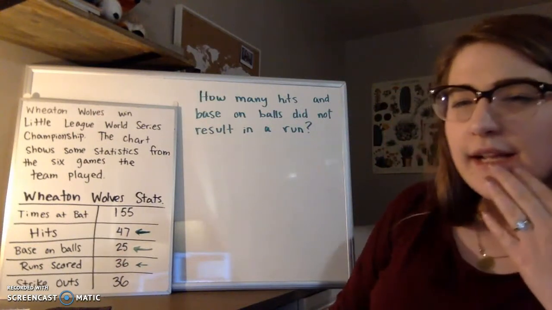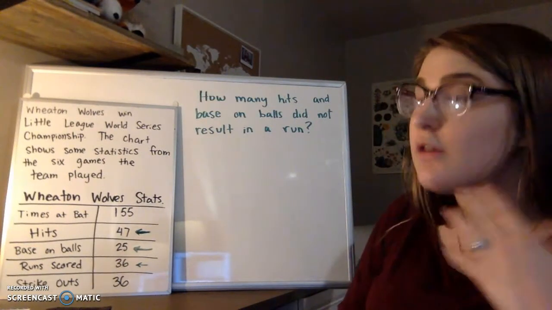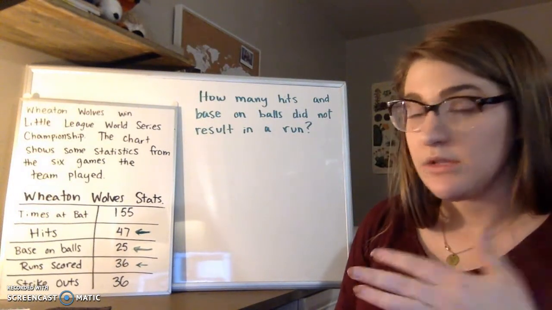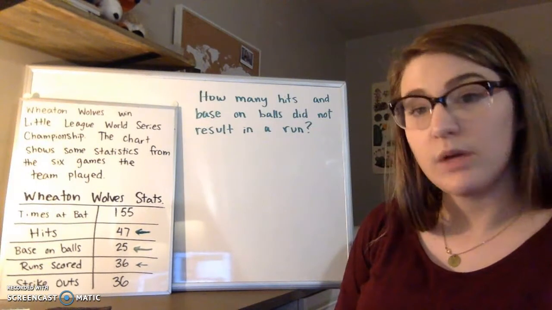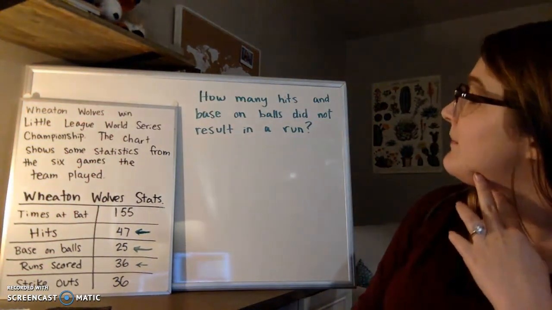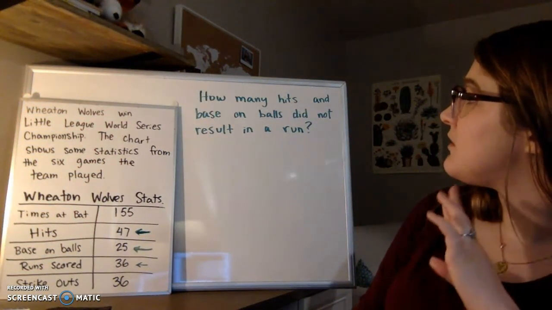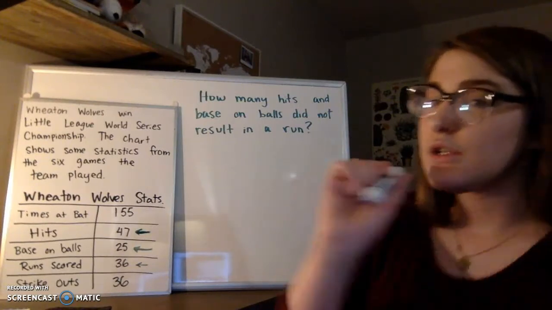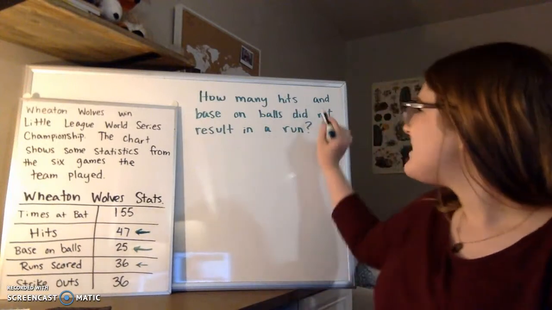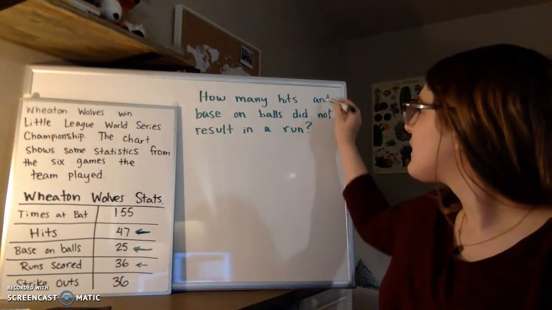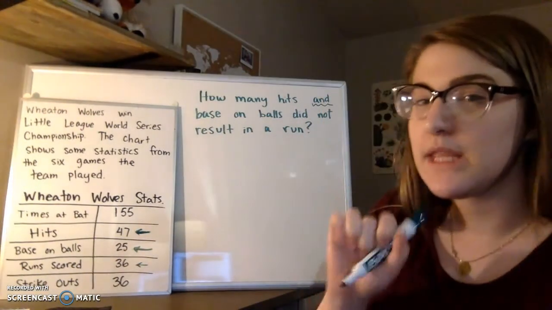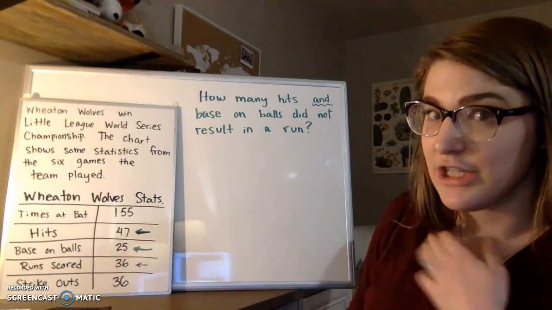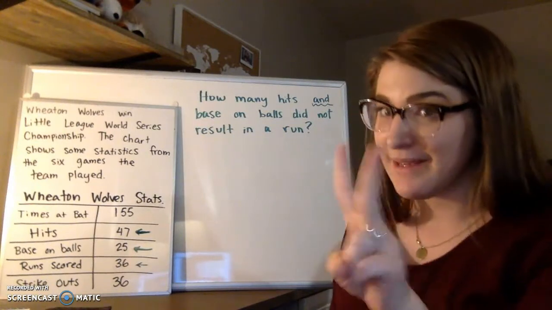So let's look at the question again. Think about what kind of equation you could write. If it's going to be using addition, subtraction, what do you think? How many hits and base on balls did not result in a run? So I'm going to say that this word "and" kind of makes me think that I need to combine two of my pieces of information, my hits and my base on balls.